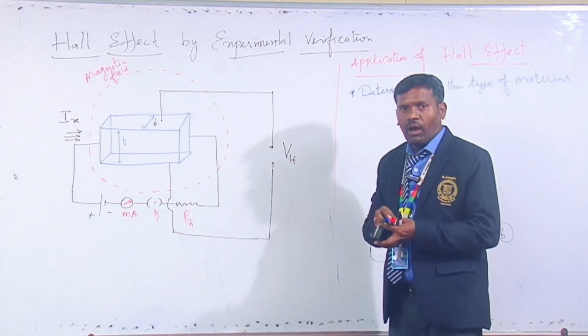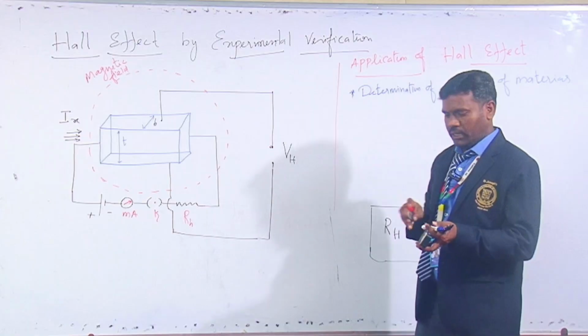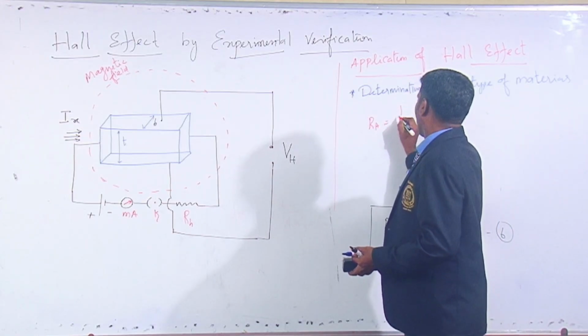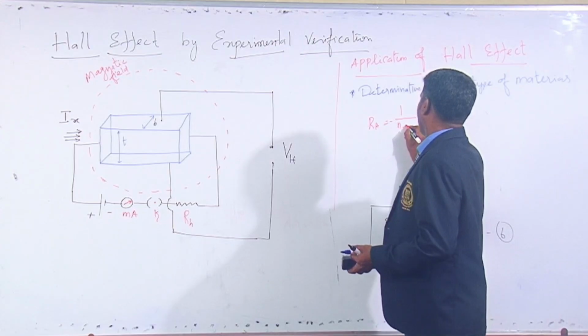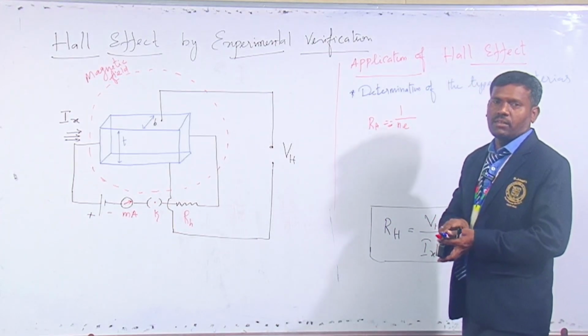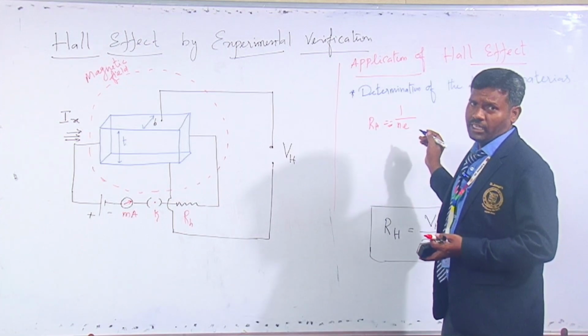Based on the sign, RH is equal to minus 1 by Ne, where the negative sign indicates the material is an N type semiconductor.